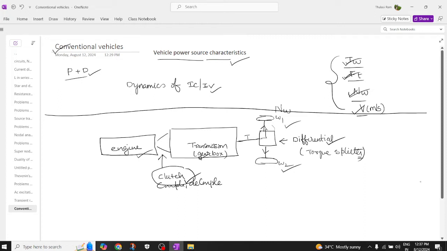Therefore the gear ratio at the wheels is I naught. The gear ratio at the transmission is Ig, and here you are going to have efficiency. This is the efficiency from the engine to the wheel, which is called eta t.